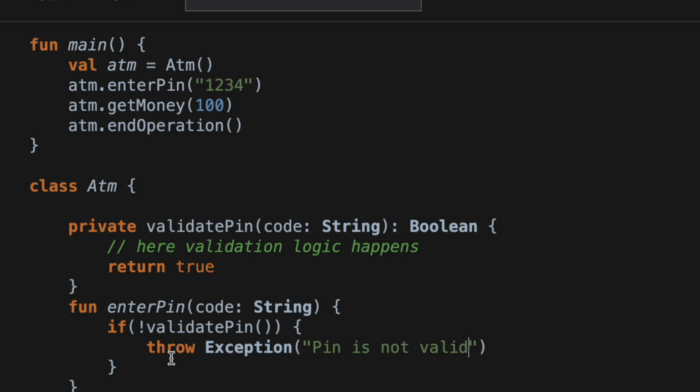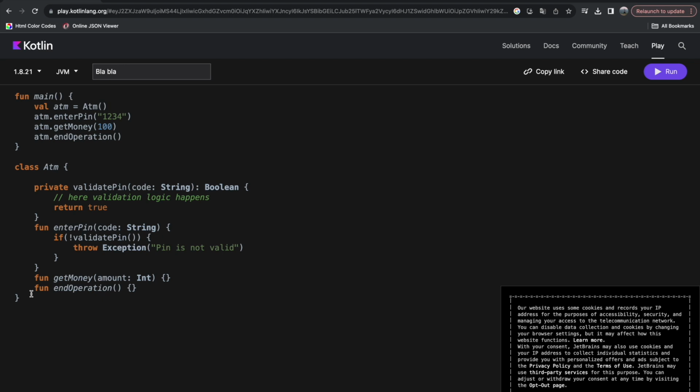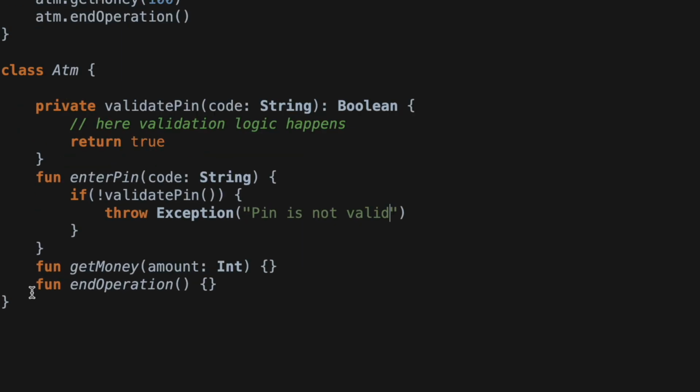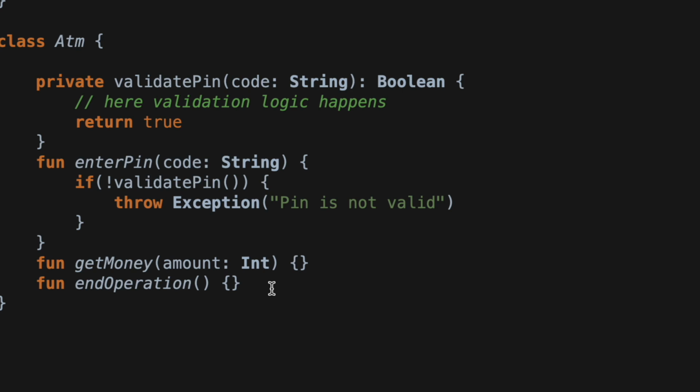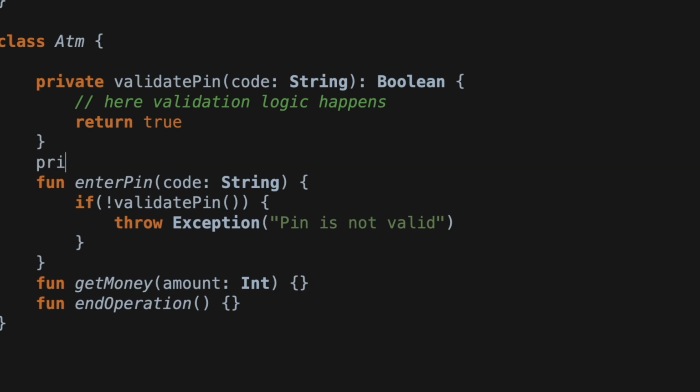Pretty simple thing. About get money. So we ask for 100 money. We probably need to validate if the user has enough money on the bank account. This is also a private API. This is an API which nobody should know about, which nobody should have access to, and we need to validate amount.